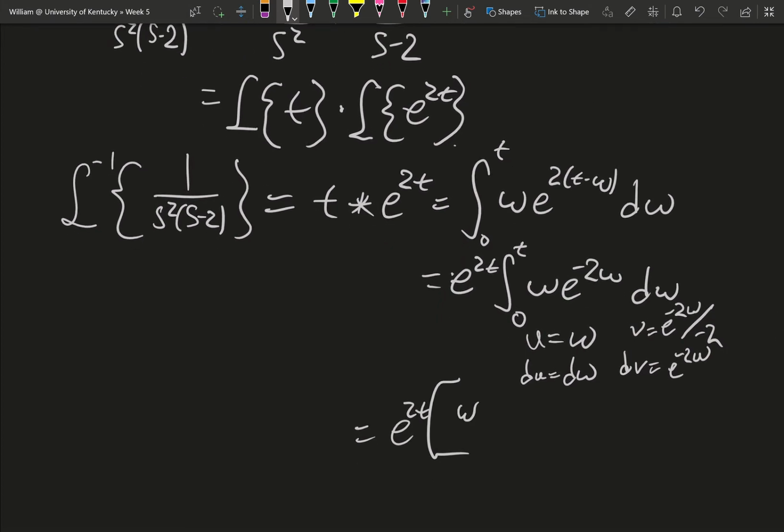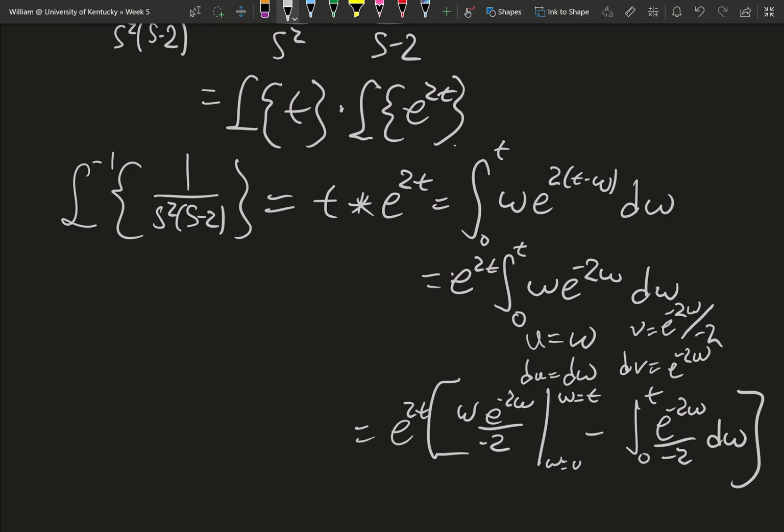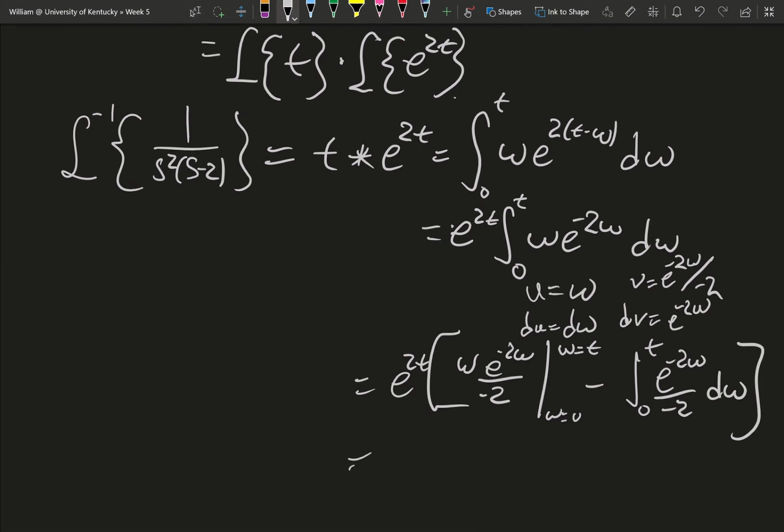We have w e to the negative 2w divided by negative 2 from w equals 0 to w equals t, minus the integral from 0 to t of e to the negative 2w over negative 2. We can compute the integral of that, right?